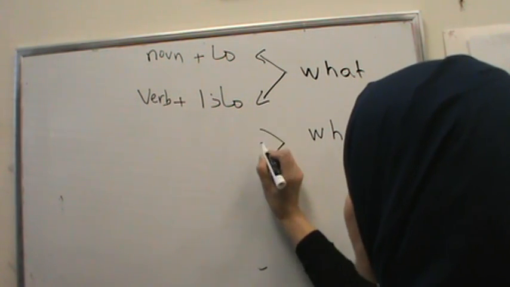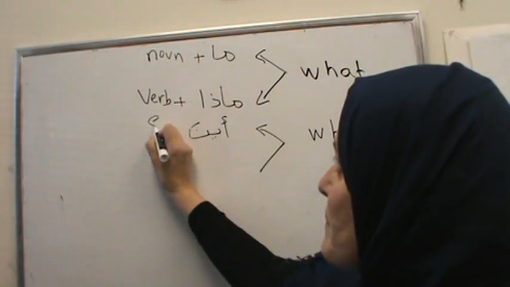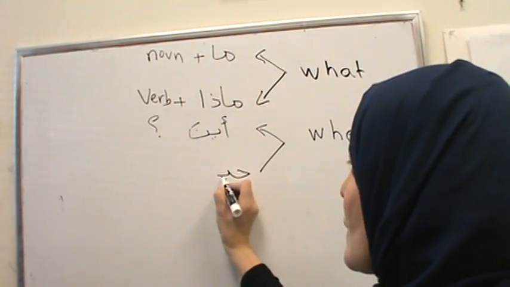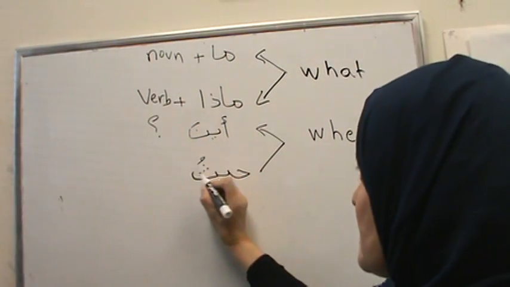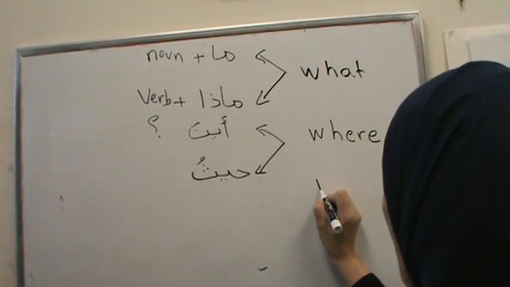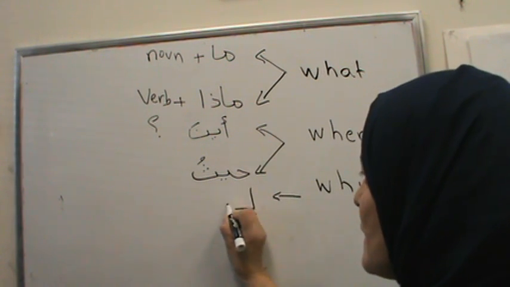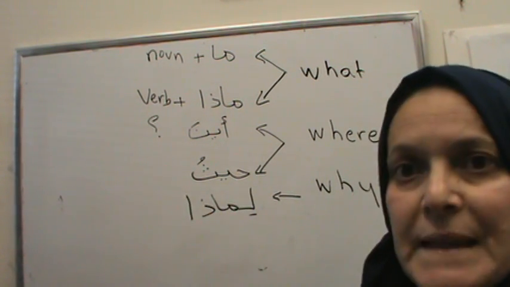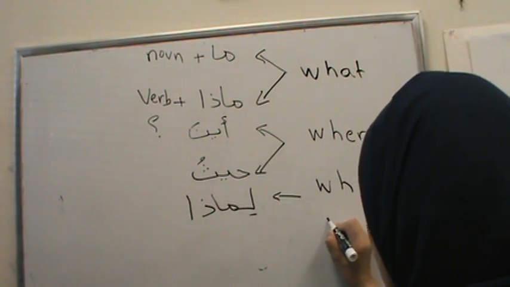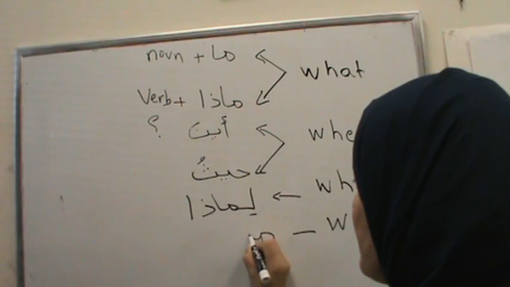Where we have two. أين, I'm gonna put a question mark, like أين that goes with a question, and حيث that goes with a statement. Why is لماذا. Then who is من.